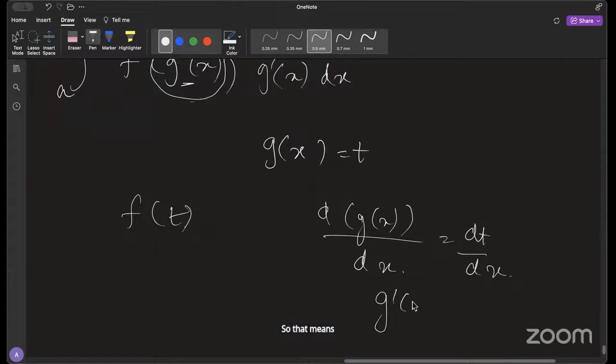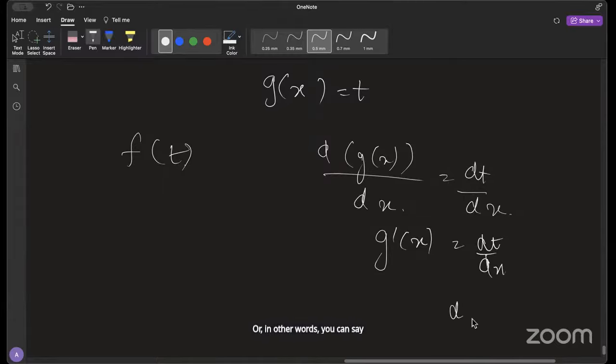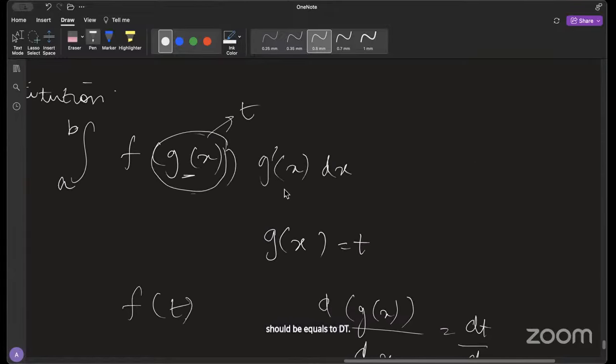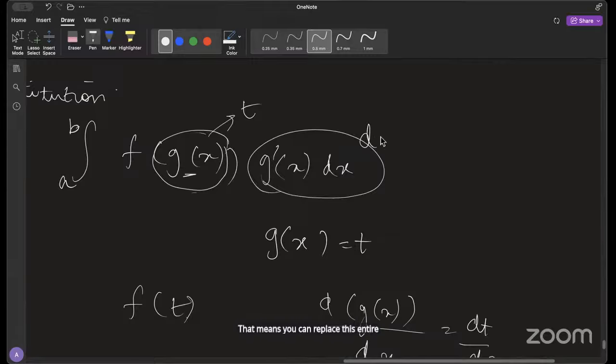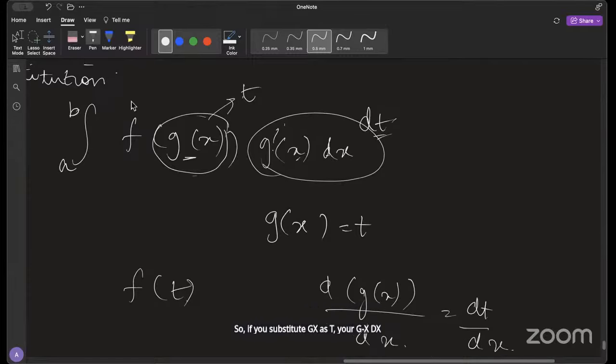That means your g'(x) is equal to dt by dx, or in other words, you can say g'(x) dx should be equal to dt. That means you can replace this entire thing with dt. So if you substitute g(x) as t, your g'(x) dx will be dt.